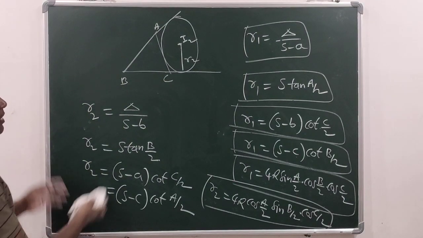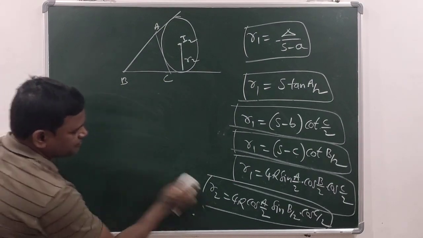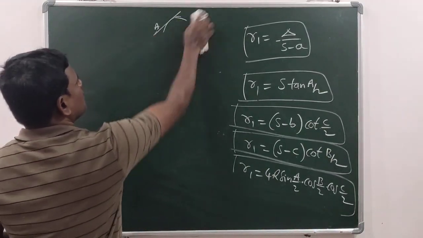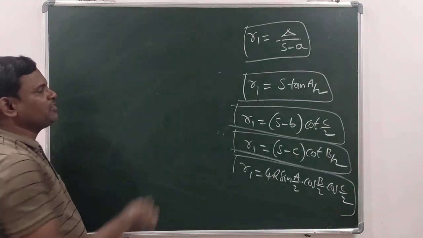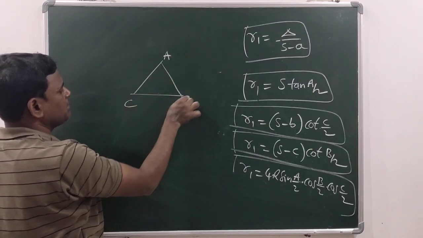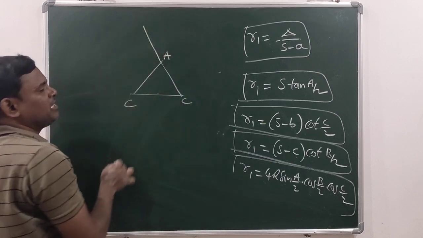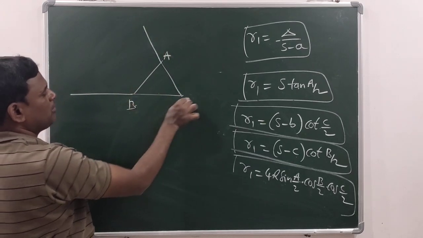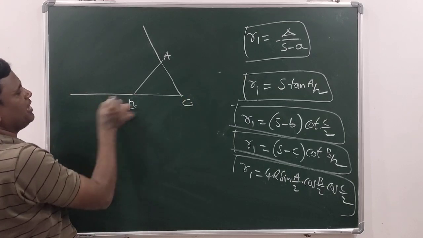Now let us write the formulas for R3. R3 means what? Radius of excircle which is formed opposite to vertex C. Now ABC. Now extend AC to that side and BC, now CB to this side.